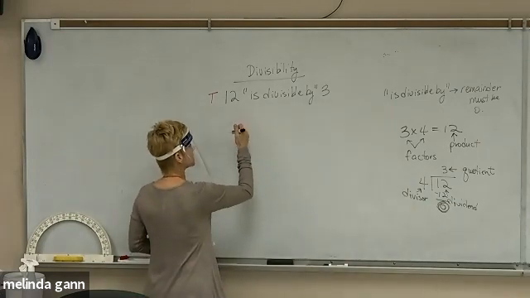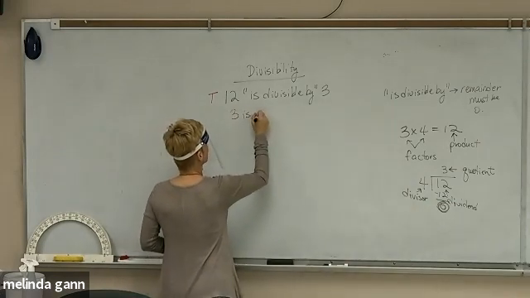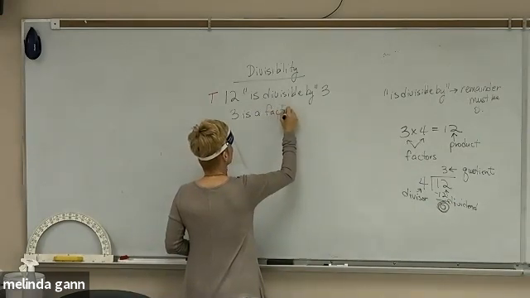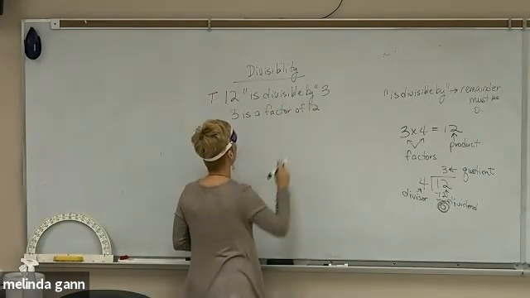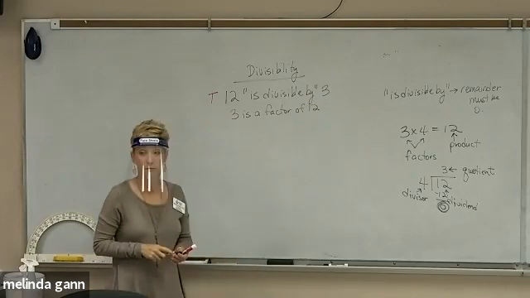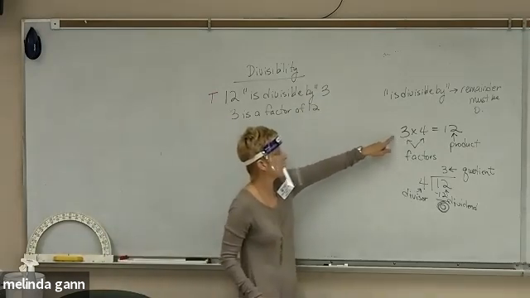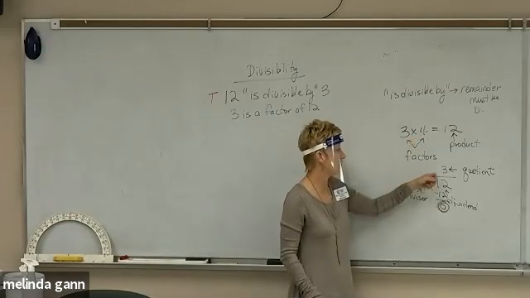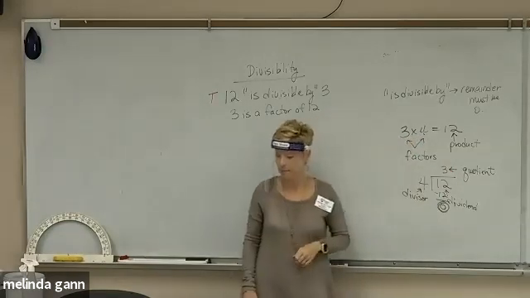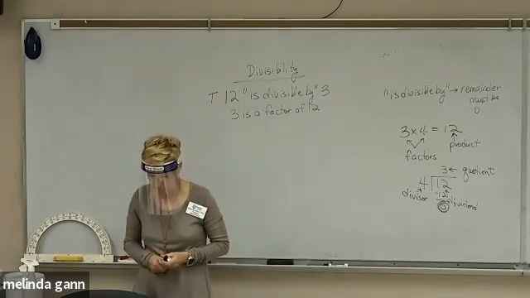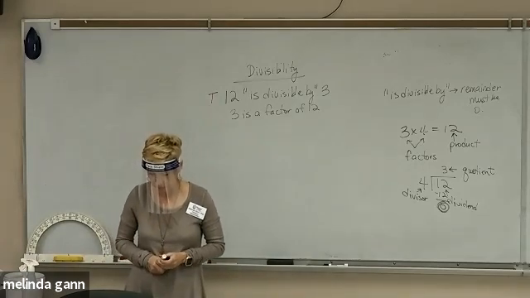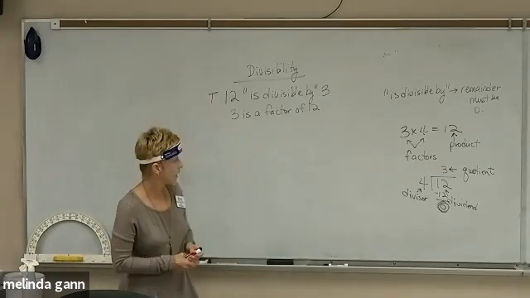Now, here's the other thing. Sometimes they will say this. They'll say 3 is a factor of 12. And that's got to be true. If you multiply something by 3 to get 12, you're going to divide something by 4 and get what? 3. Okay.